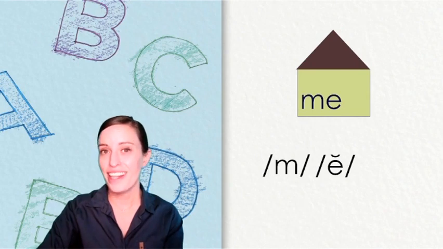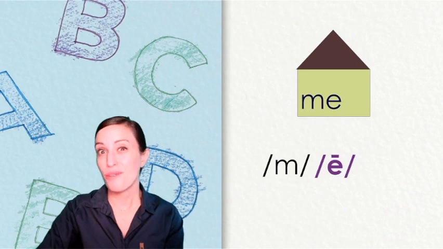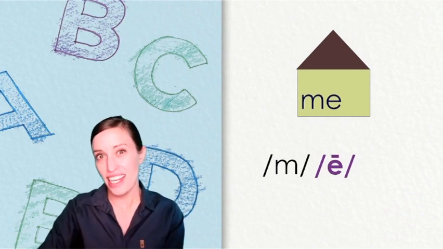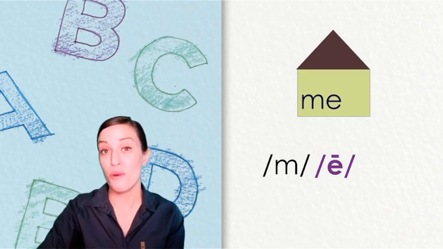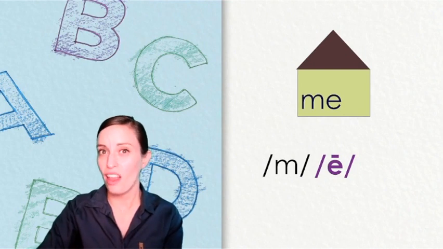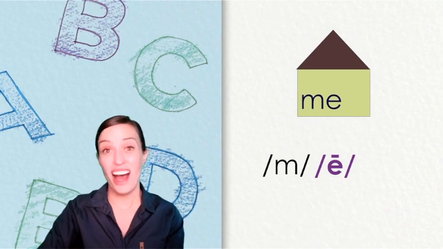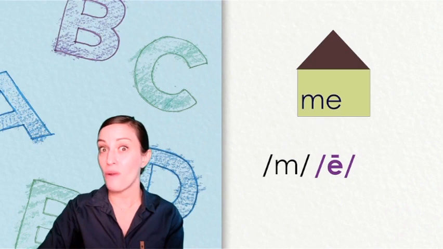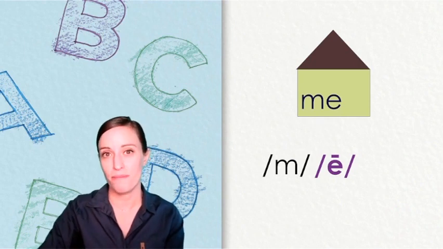So the word changed from met to me. What do you notice about the vowel sound now? How did it change from the word met to the word me? That's right, it changed from a short to a long vowel. In the word me, there is not a consonant after the vowel, so the vowel is not closed in.